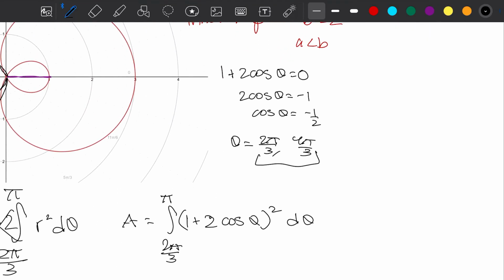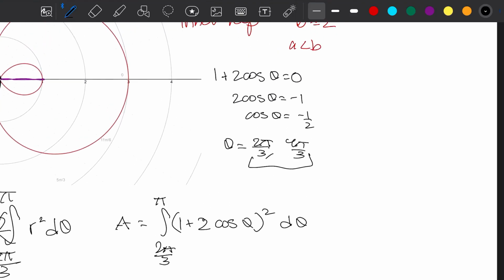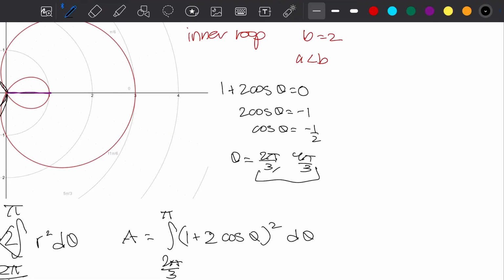So what you're going to want to do is expand it out with FOIL. I'm actually going to stop saying A equals because it's going to save me a lot of space. But the area is now the integral from 2 pi over 3 to pi of 1 plus 4 cosine theta plus 4 cosine squared theta d theta.